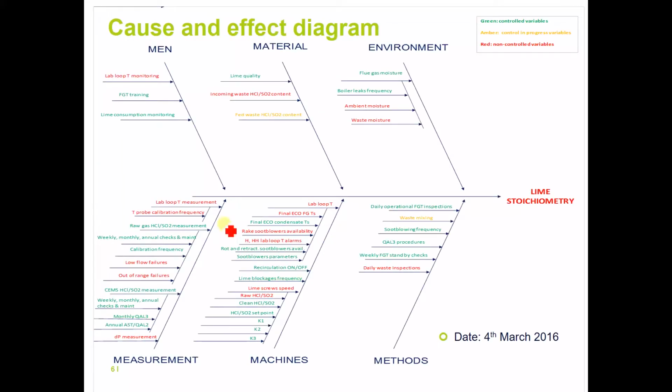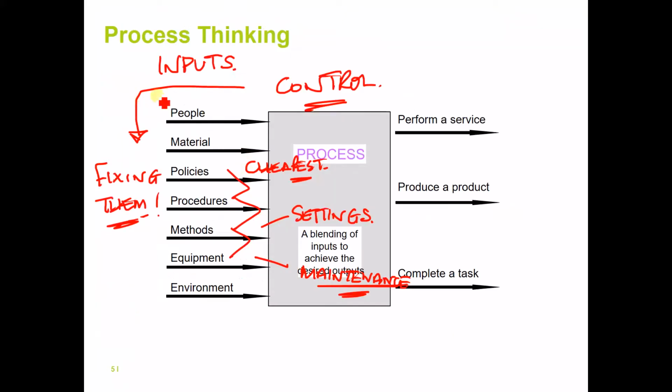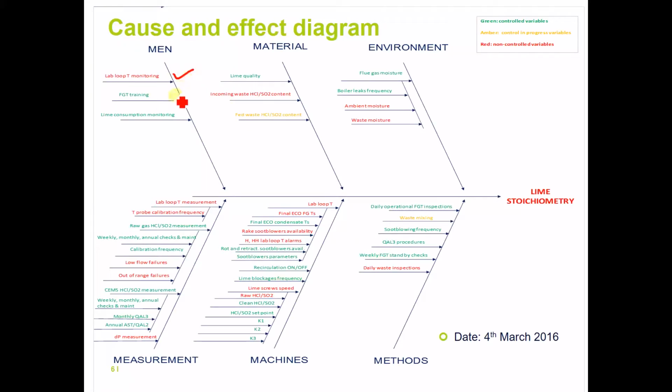So what we're doing here is we're identifying a list. So just to be clear, this is a list of inputs. All of these things on here, all of these categories on here are inputs. Where they are marked in green, that is an input that we have an agreed setting. We have a standard operating procedure.